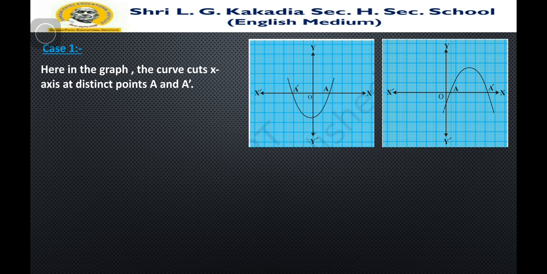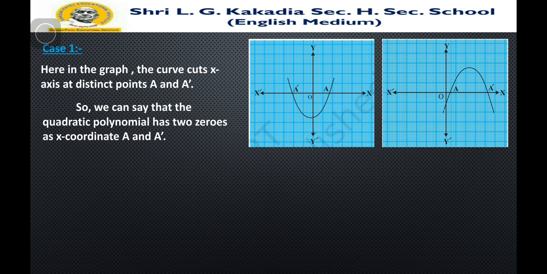So the quadratic polynomial has two zeros, the x-coordinates a and a dash. Whenever the graph intersects the x-axis, those points will be the zeros of the given polynomial.